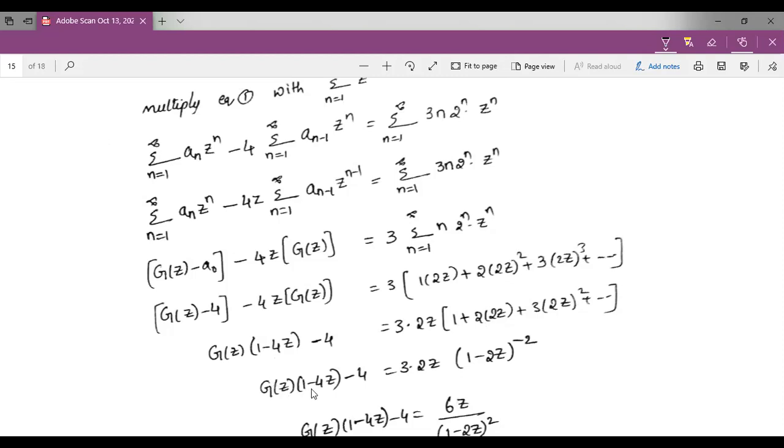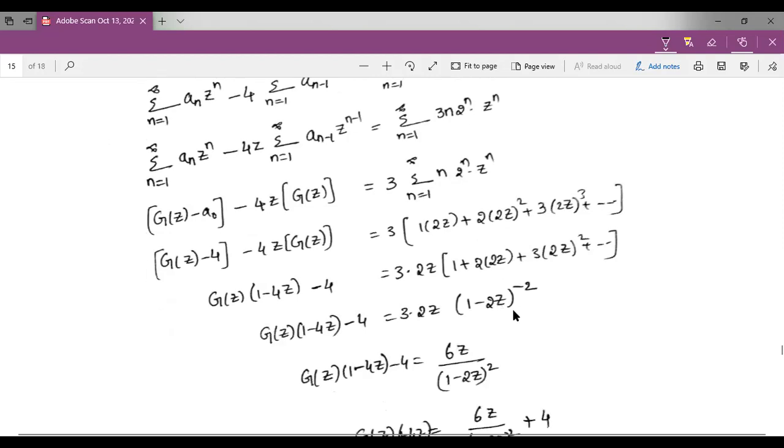This is of the form 1 plus 2x plus 3x square plus and so on, where in place of x we have 2z. This is the expansion for 1 minus 2z whole power minus 2. So this can be written as 1 by 1 minus 2z whole square, 3 into 2, 6z.